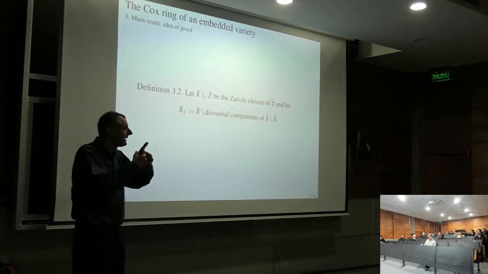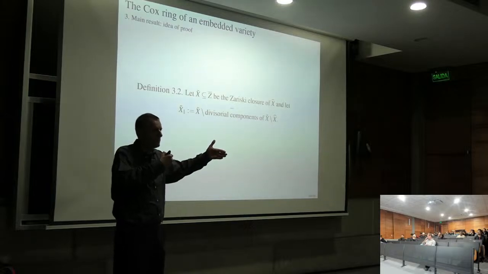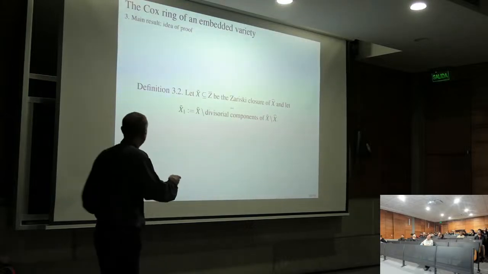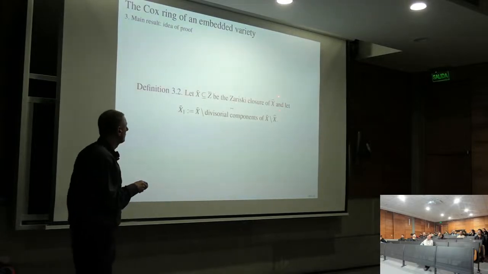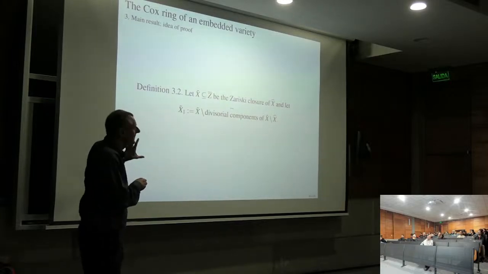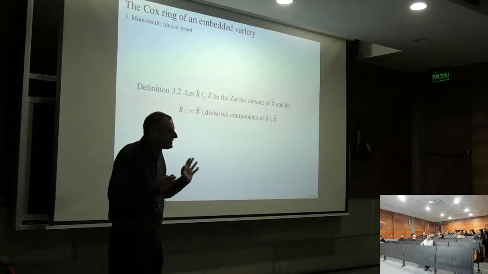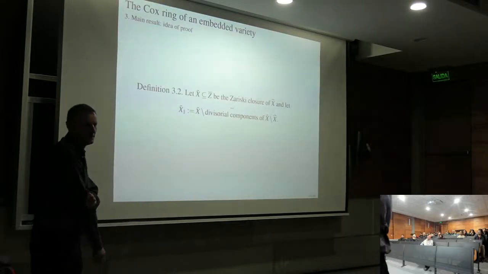Whenever we have this Z hat, the characteristic space, it embeds in the spectrum of the Cox ring, this Z bar. And then we take X tilde to be the closure of X hat in Z bar. The reason for this X tilde is that, in general, this is not X bar. It's not the spectrum of the Cox ring.